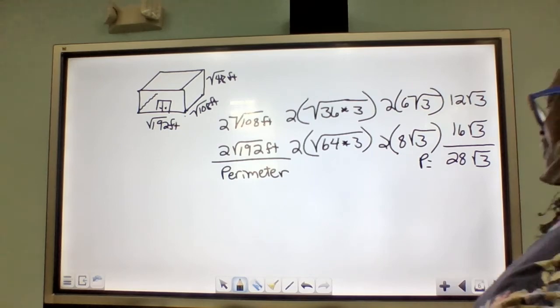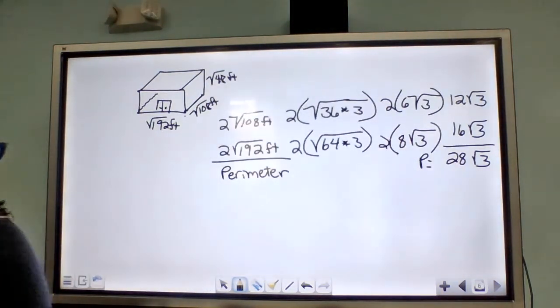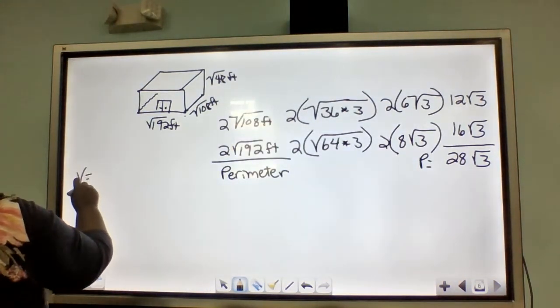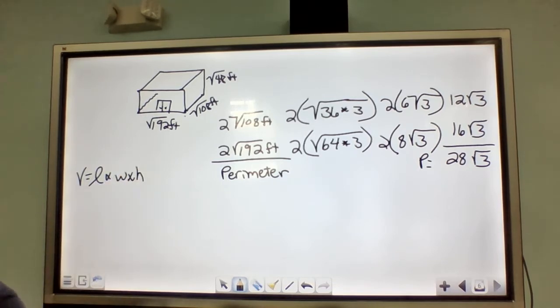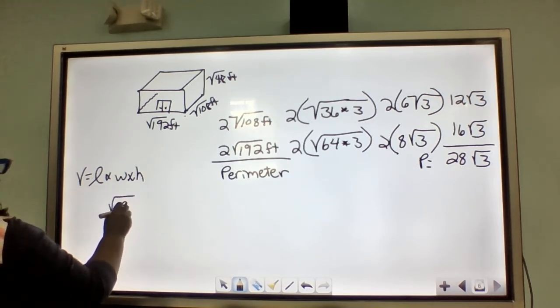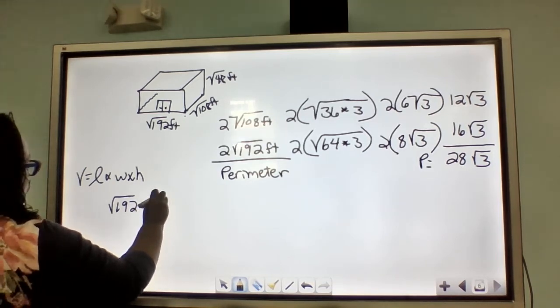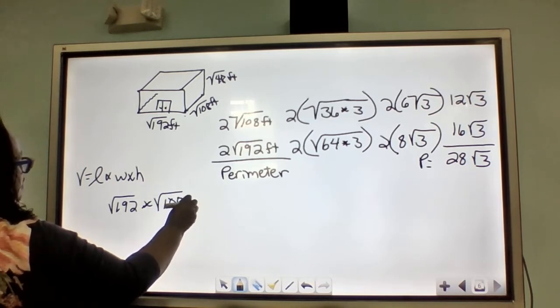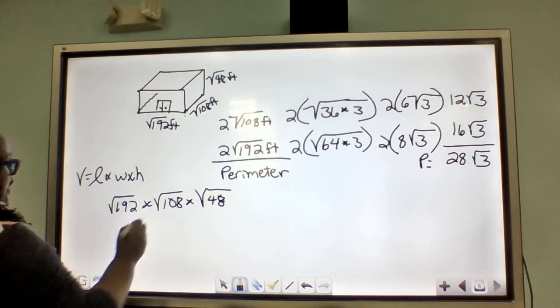Now, the next one asks us for the volume, okay? Well, you know, volume is V equals length times width times height in this case. So let's take a look. Our length is the square root of 192 times our width, which is the square root of 108, times our height, which is the square root of 48.